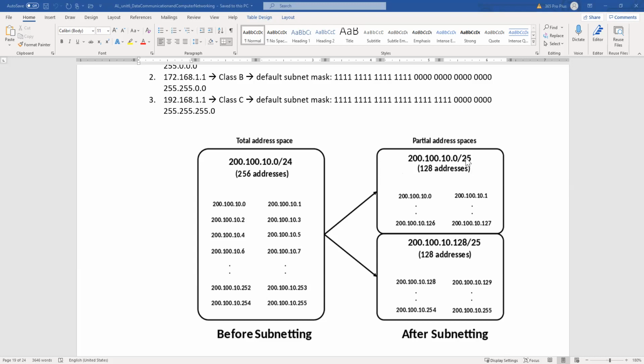We will discuss this again, but the subnet mask will be 255.255.255, if I remember correctly, 128 or 192. We discussed this earlier. This happens because you borrow one bit from the host bits, which divides the number of networks into two.